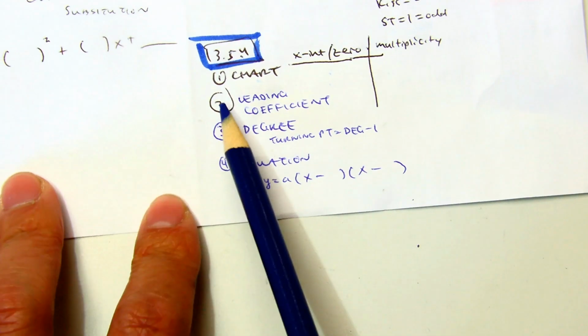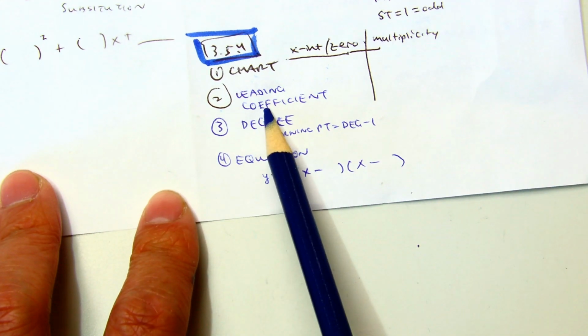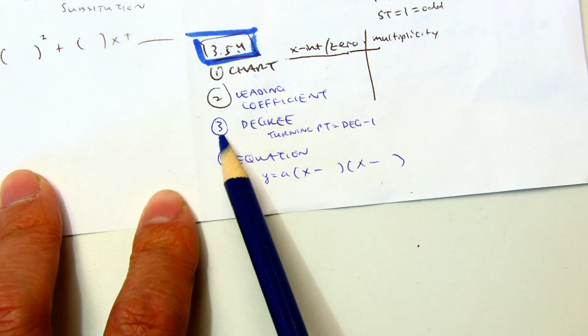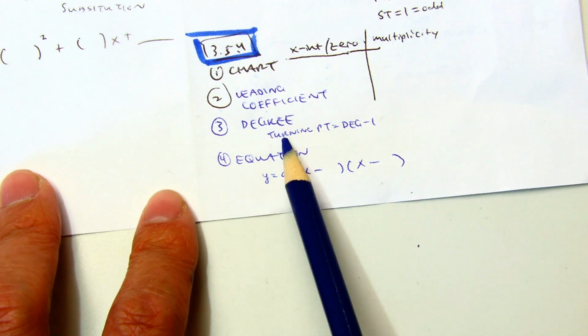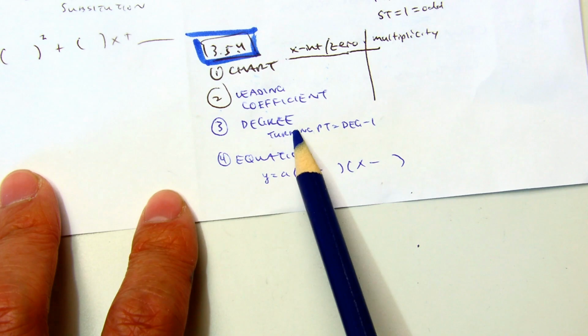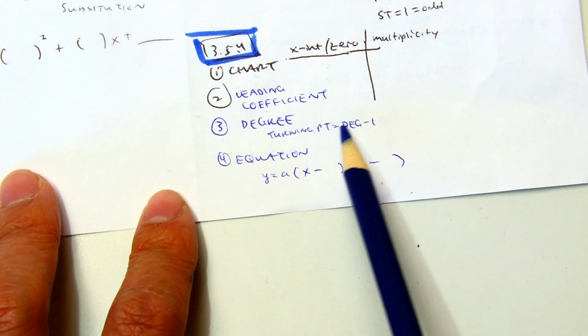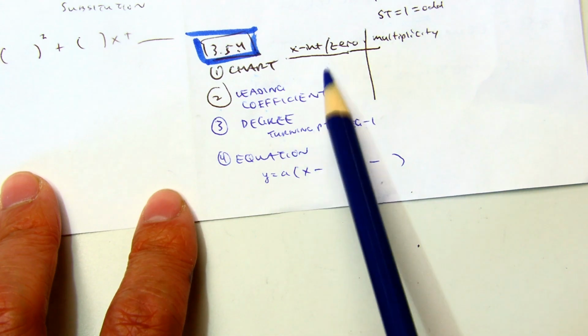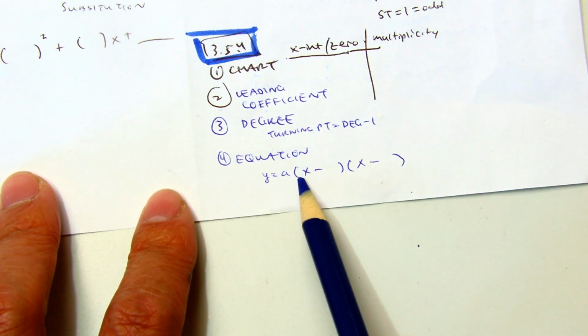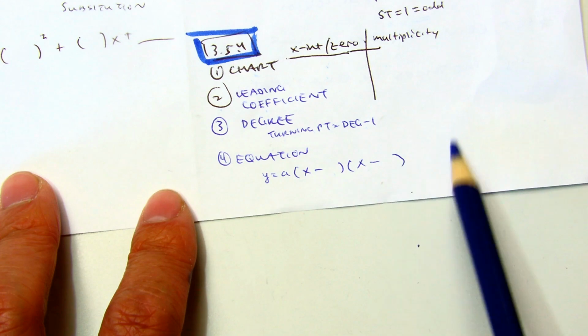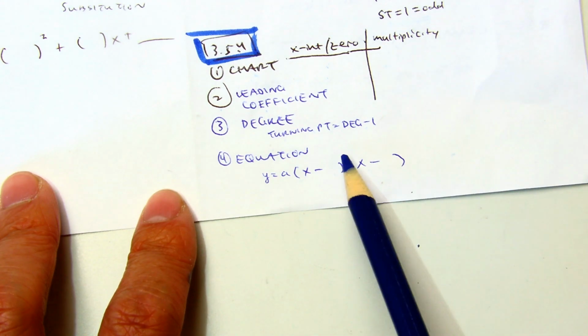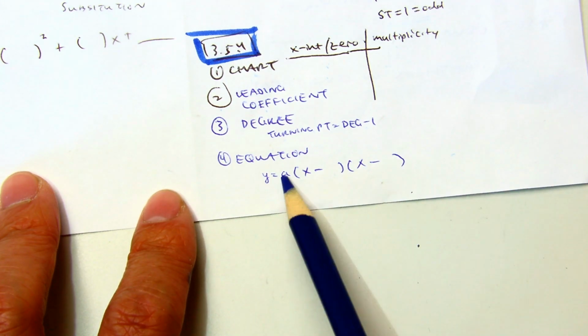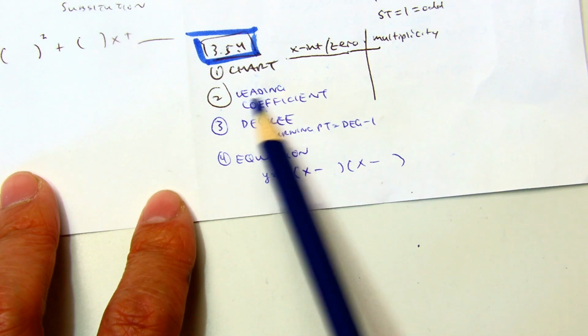We want to find the leading coefficient by looking at the basic graph, figure out its degree by doing the turning points, right, from when it changes from increasing and decreasing, or decreasing and increasing, is equal to degree minus 1. And then you want to substitute it based off of how many x-intercepts you have. So if you have 3 x-intercepts, you would use 3 sets of parentheses. The multiplicity, if it's 1 or 2, would go up here. A value is either going to be positive or negative, and that's your leading coefficient.